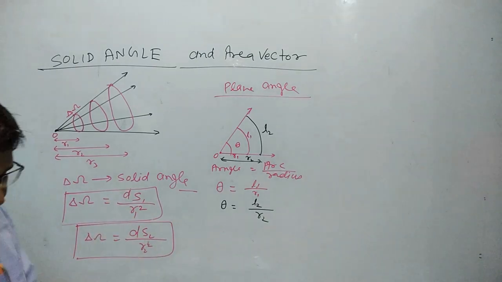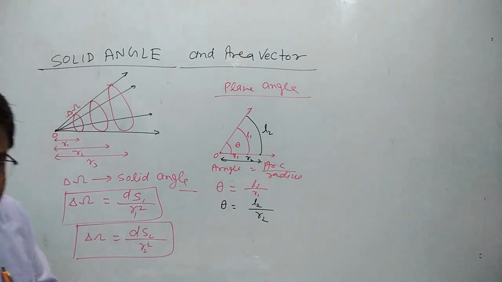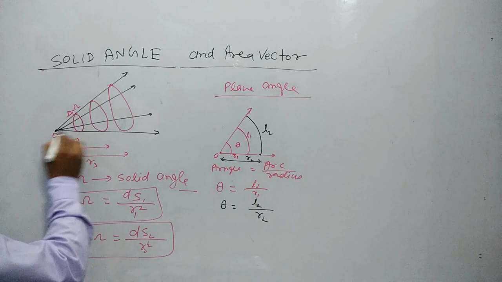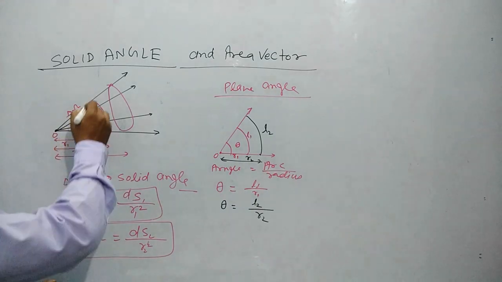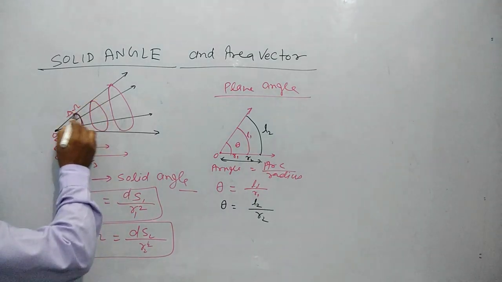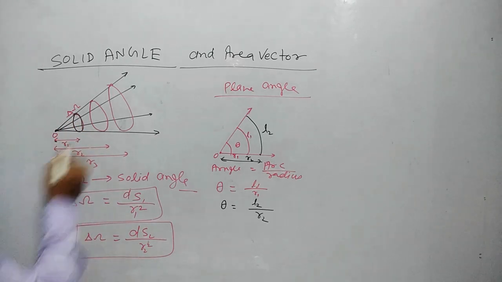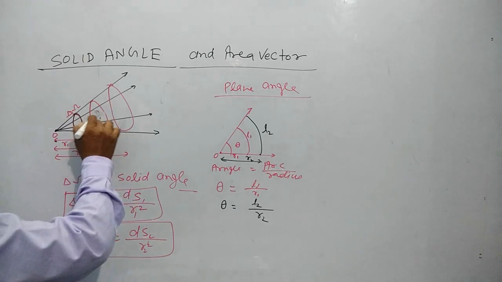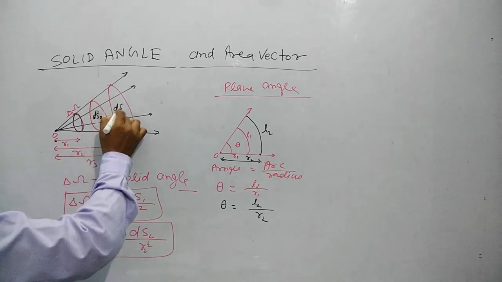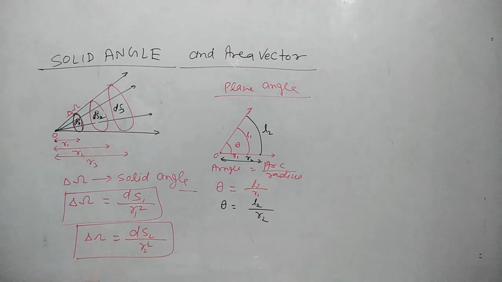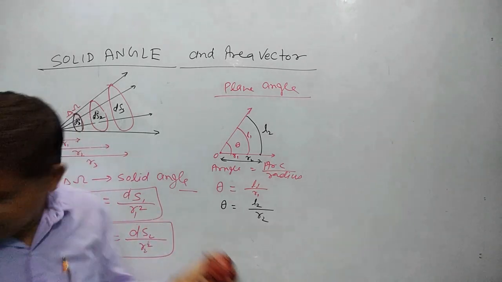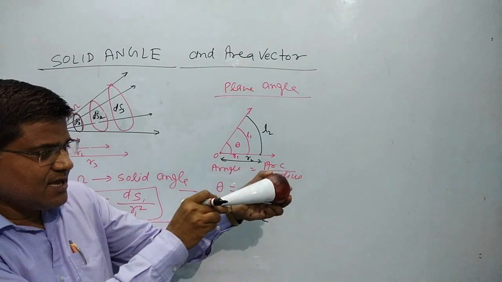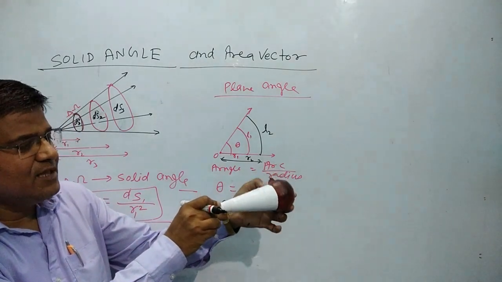ds1, ds2. If the cone is small, then the area is small, and the distance R1 is less. If the area is more, suppose ds2 or ds3, then the area covered by the cone is more.